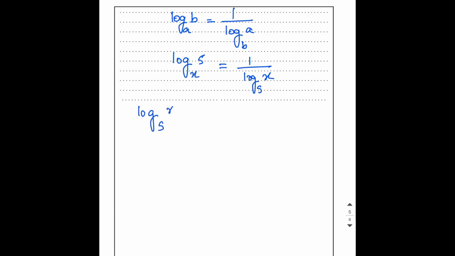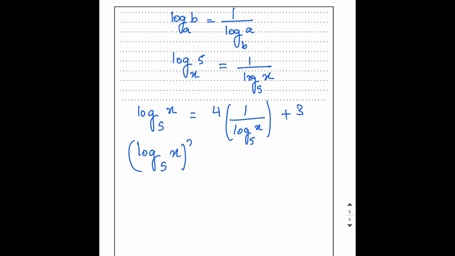Log base 5 of x equals, now 4, instead of log base x of 5, I can write this as 1 over log base 5 of x plus 3. Then you cross multiply. If you cross multiply, then it's going to be log base 5 of x whole squared equals 4 times the quantity 3 plus log base 5 of x.